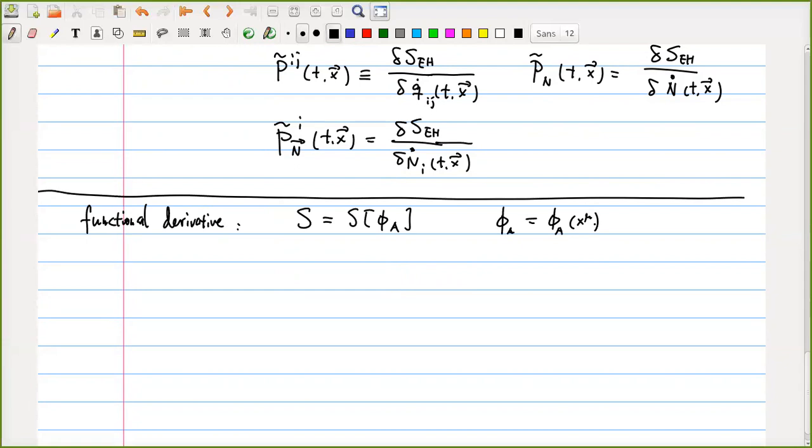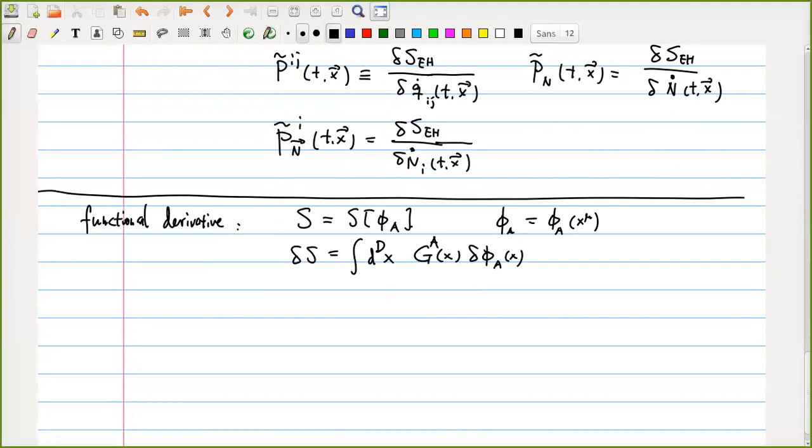If we do the variation of this action, suppose our space-time is d-dimensional, you will get some function g_A(x) times delta phi_A(x), integrated over x. And suppose you want your equation of motion: the equation of motion is just g_A(x) equals 0.